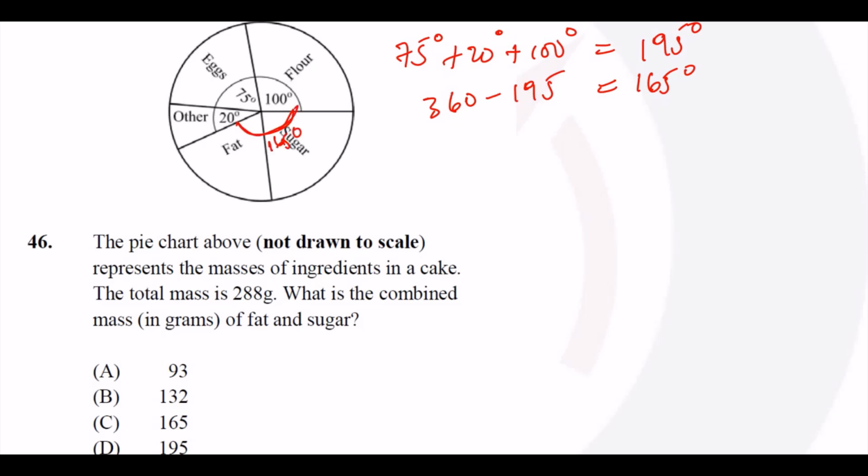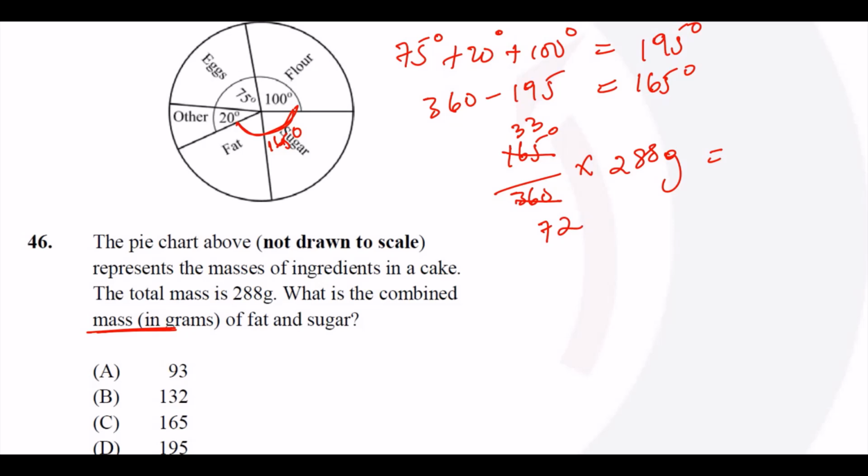And it asks what is the combined mass. So now we're going to find 165 degrees out of 360 multiplied by 288 grams. So we can reduce, divide by 5, we get 33, and divide by 5 again, we get 72.